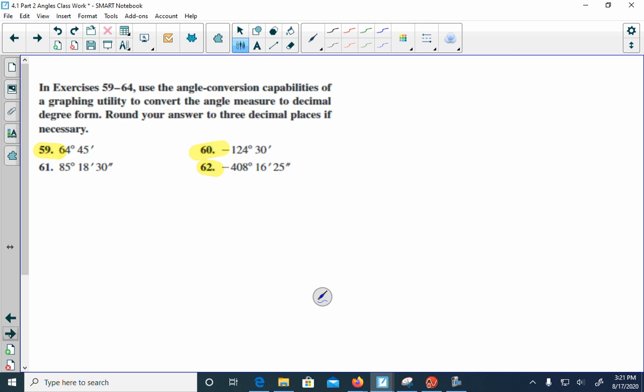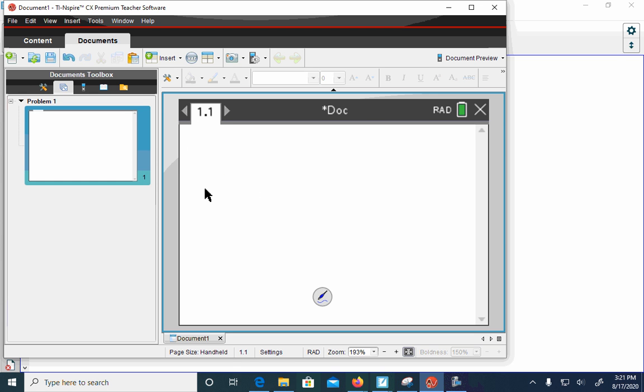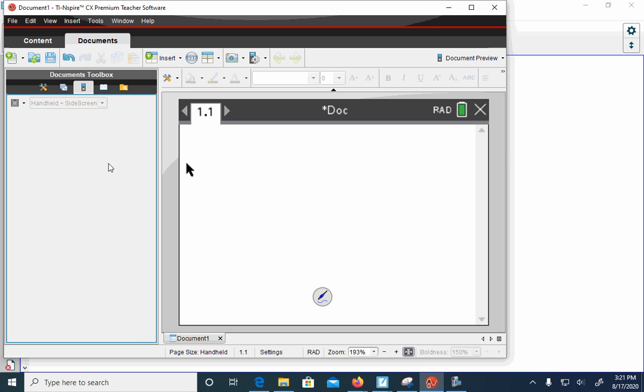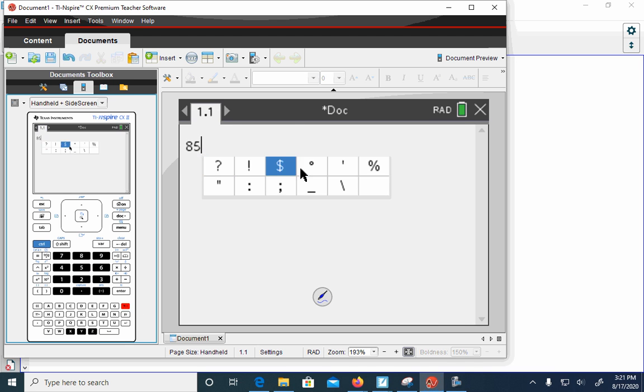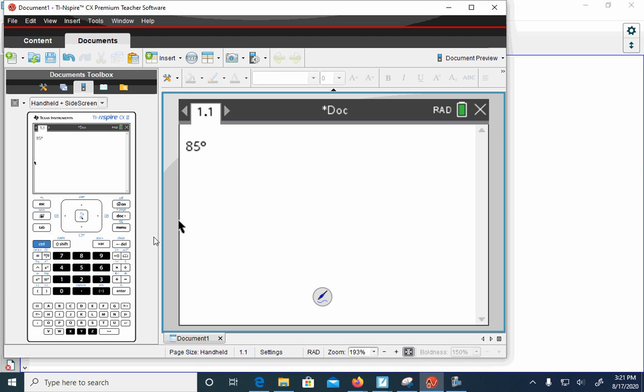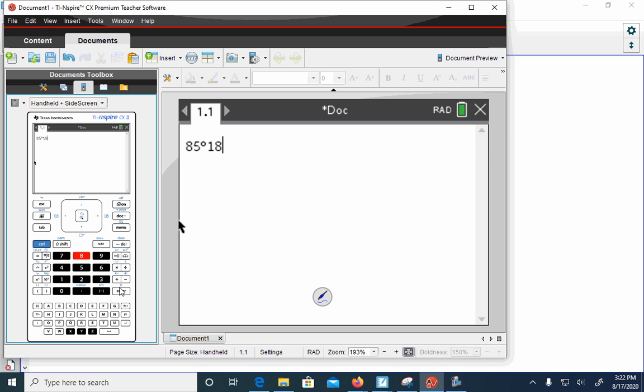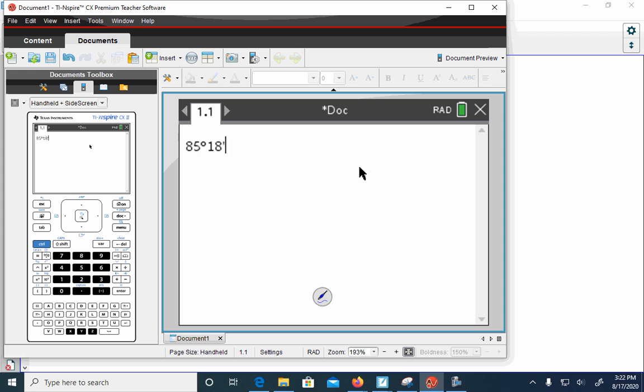To put that in my calculator, I just have it on the calculating page. I'm going to hit 85 degrees, so 85. Remember, you're going to go here to find your degree symbol. So 85 degrees, 18 minutes, so 18. Clicking that same button again, you're going to hit that tick mark once.